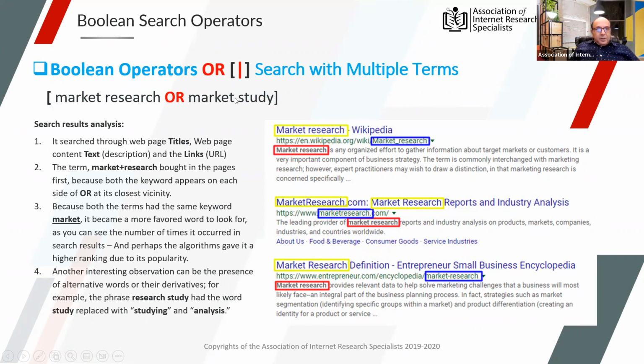Okay. So here we go again with two words on the left, two words on the right, and it might happen that you would end up not putting market study or market research within quotes, or let's say, just to make things more complicated for you, made it look like this.